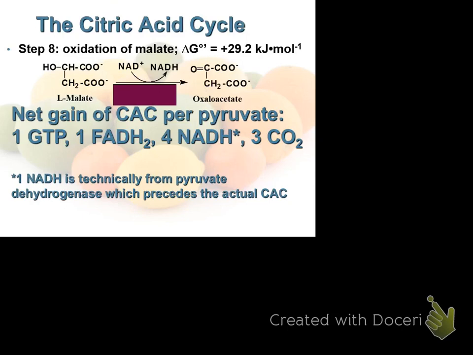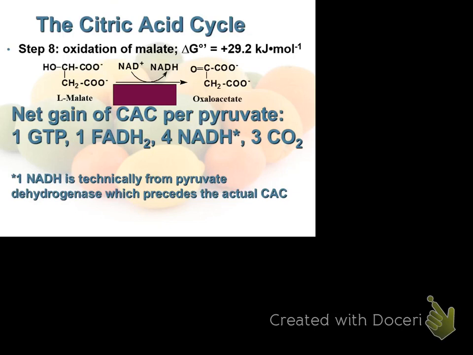And so if you include the step 0, because some books include step 0 whenever they add up all the totals, some books don't. You get directly from the citric acid cycle, you only get 1 GTP, which can go on to make 1 ATP. You get 1 FADH2, you get 4 NADHs, and 3 carbon dioxides for respiration.